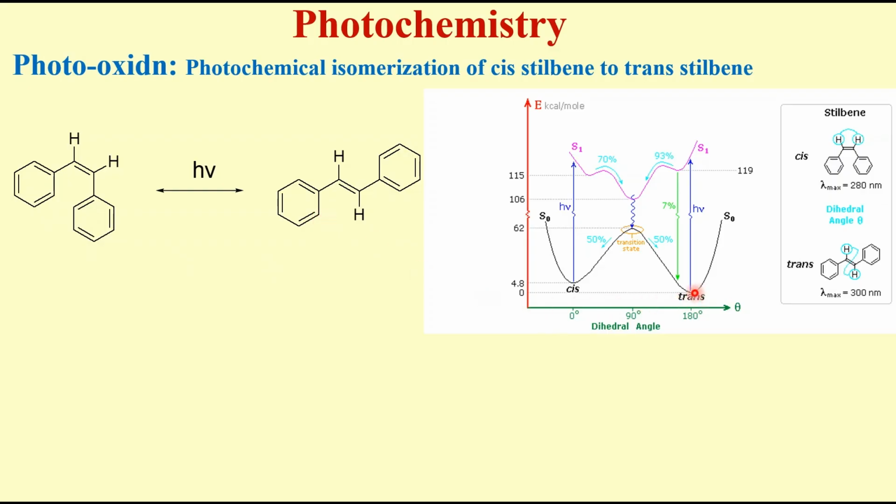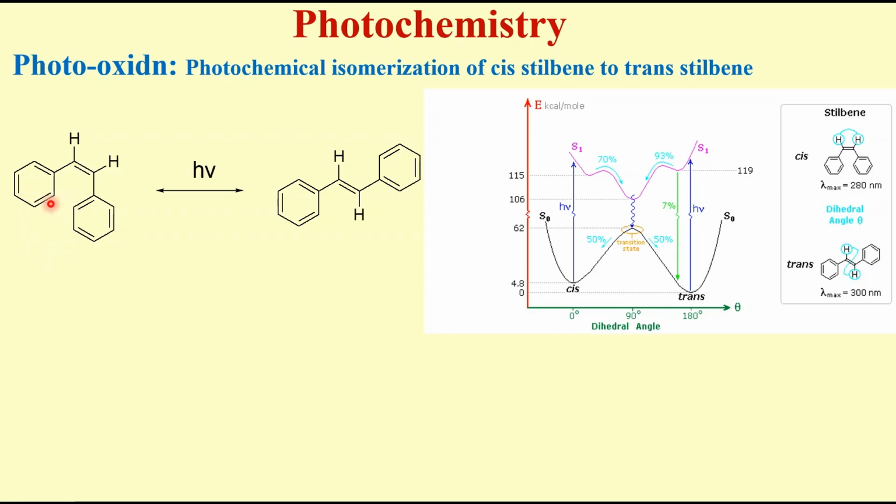That's why the torsion angle or dihedral angle is found to be around 180 degrees. In case of cis, they are in the same plane. That's why the torsional angle is 0 degree.